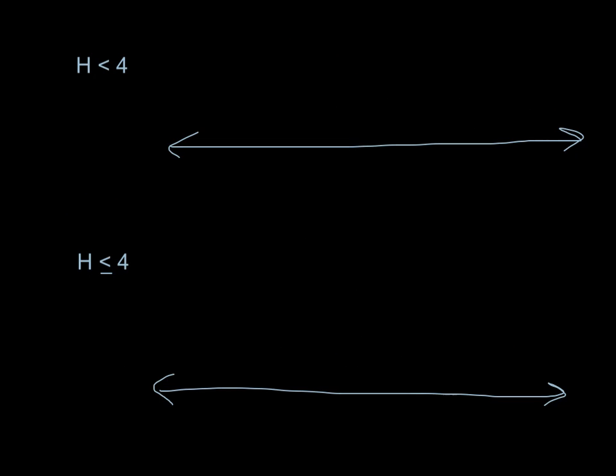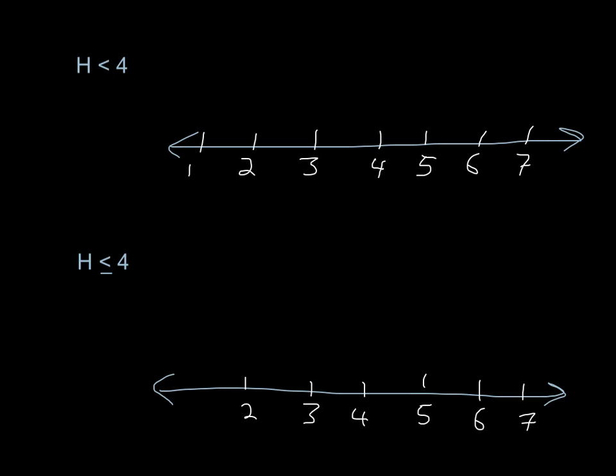Less than and less than or equal to work exactly the same way. We're going to put a 4 in the middle of our line and then add at least 2 numbers on each side so we know which way the number line goes. And for less than 4, we know that it does not include the number 4, so we can't put a solid circle.